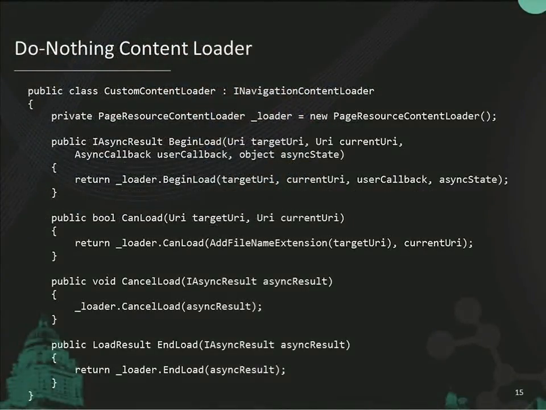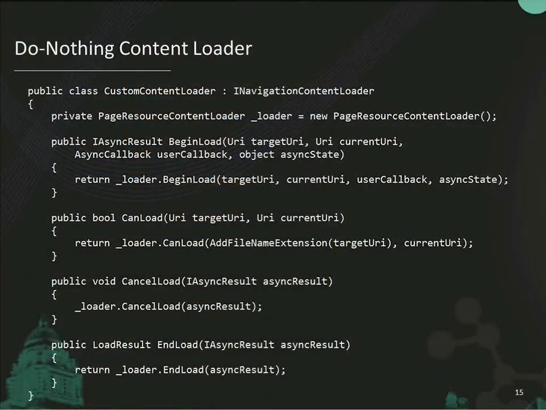First, I do have a couple of slides on the INavigationContentLoader interface. It is a fairly simple interface. There are just 4 methods. This is what I call a do-nothing content loader because when you plug it in, it basically becomes just a shim. Notice I have a private field here of type PageResourceContentLoader. That is a new runtime class added to Silverlight 4.